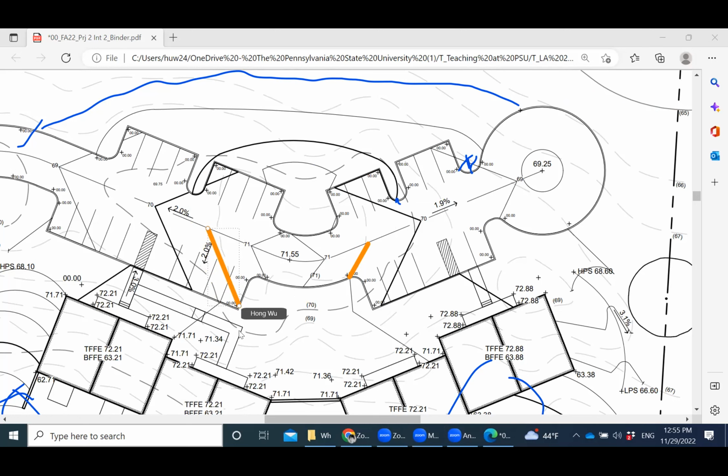So the next thing becomes, how do we check whether or not these are correct, right? So that's the 70 contour. And if this is 72.21, you need to know what this is.